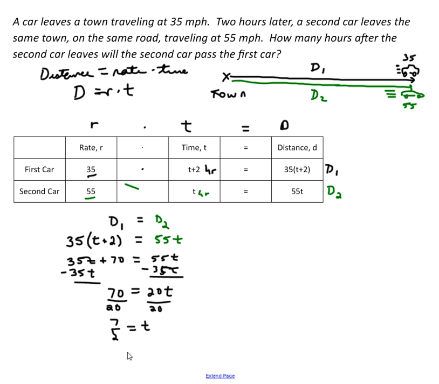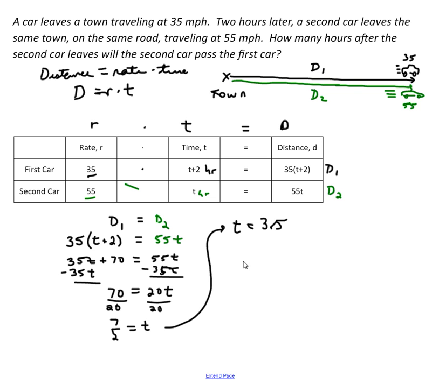But 7 over 2, most people don't express time in terms of fractions like 7 over 2. So let's see if we can interpret that a little bit better. We know that 2 goes into 7 3 and 1/2 times. So let's say t is equal to 3.5 hours.